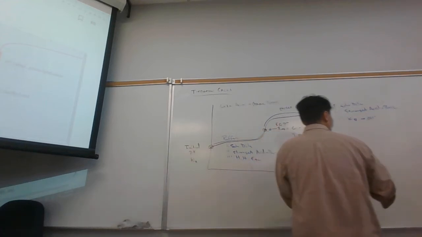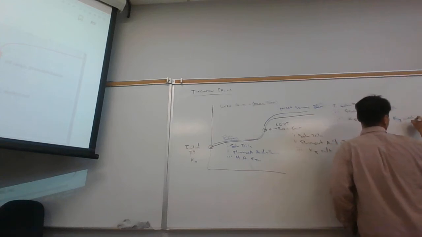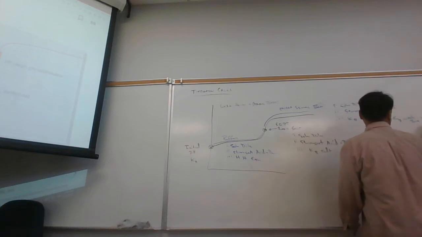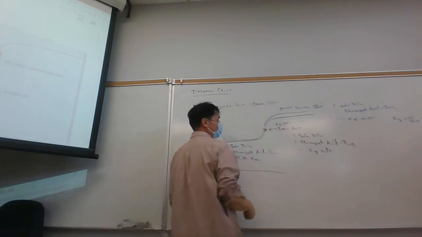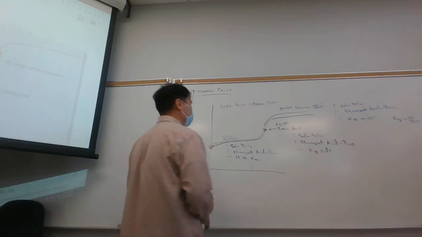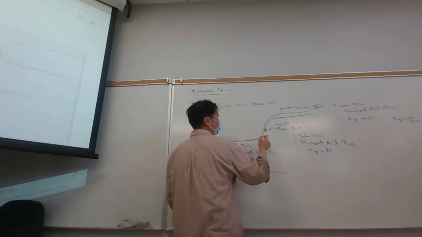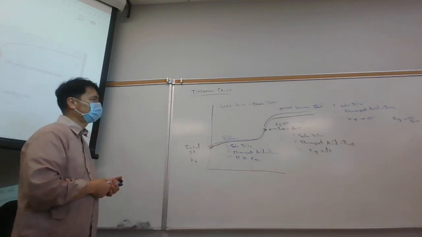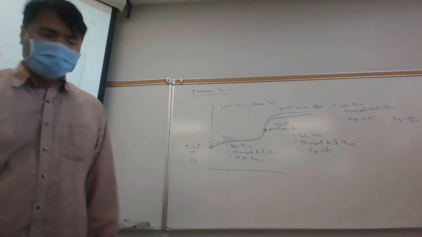The weak base we ignore unless we're right here, right next to the equivalence point. When we're right next to the equivalence point, then Kw is more important. Okay, so that's weak acid.